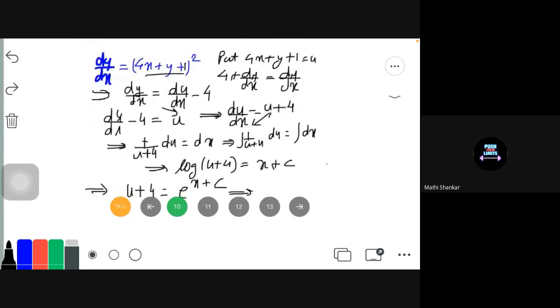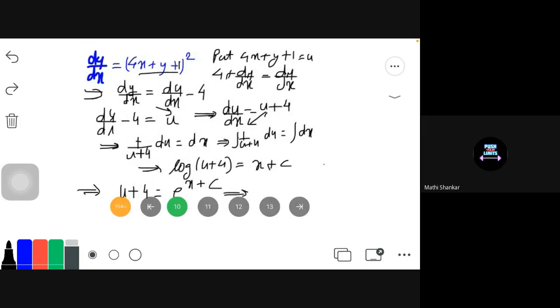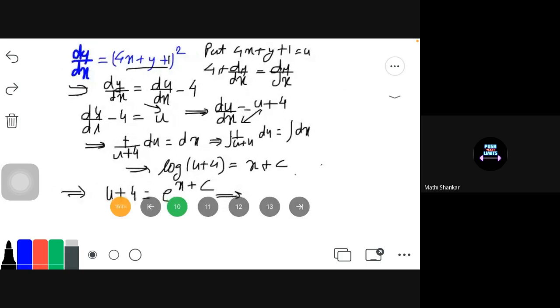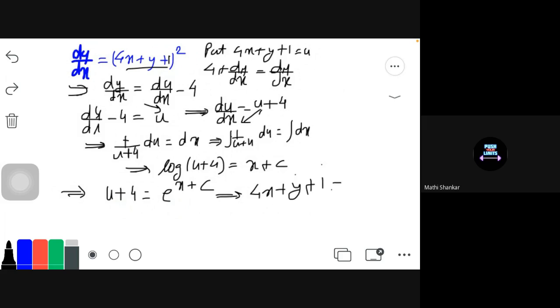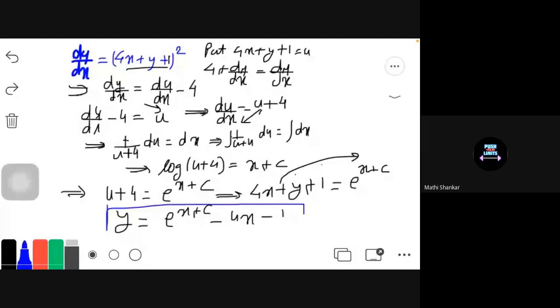Value of u was 4x plus y plus 1. So I'll resubstitute the value as 4x plus y plus 1 is equals to e raised to x plus c. The other terms I'll take over there, so I'll get y is equals to e raised to x plus c minus 4x minus 1. So this is the required solution to the given differential equation.